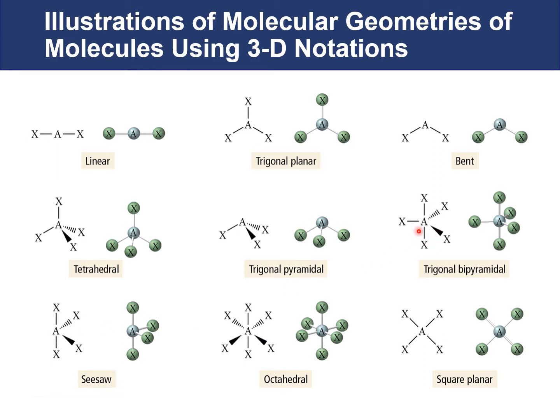For seesaw, you would just replace your solid line here with a blank spot, and so you would be left with something that looks like this. Octahedral, because of the nature of octahedral, you would have your central atom on the plane of the paper, your two axial being vertical, and then you would represent two of your groups going into the paper and two coming out.